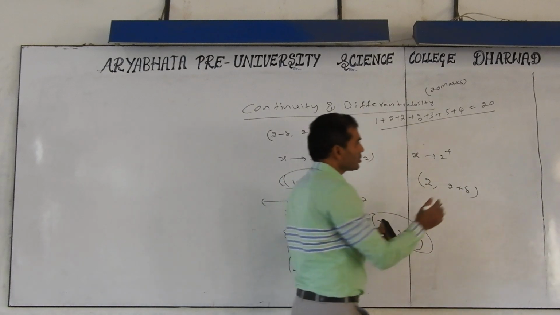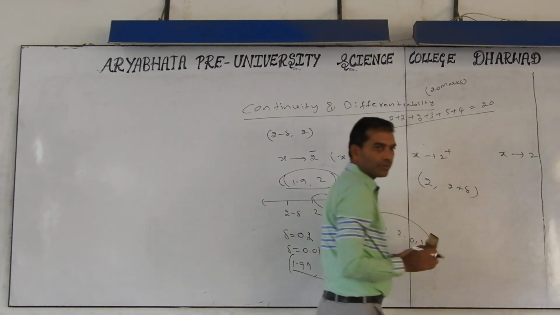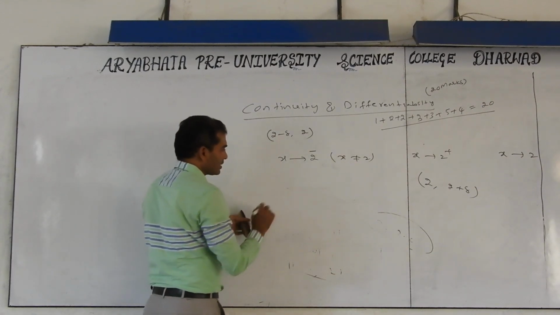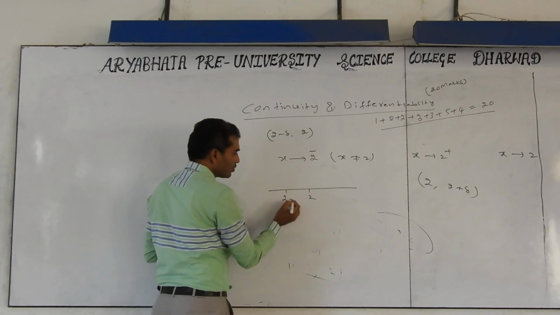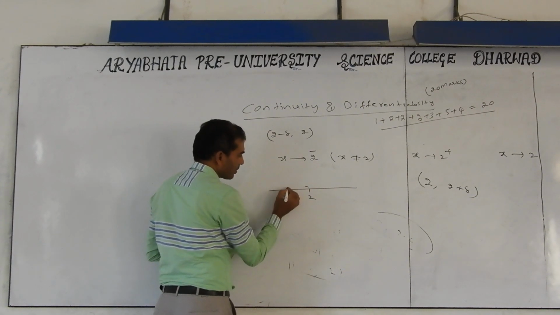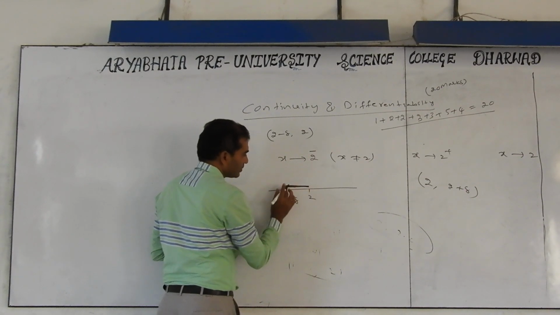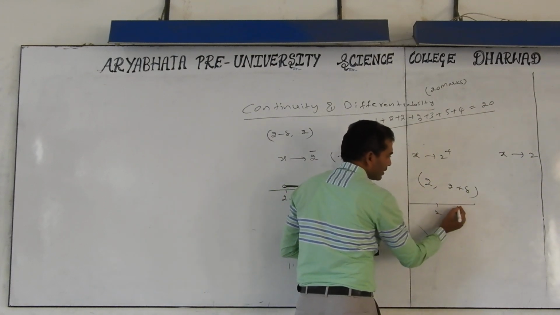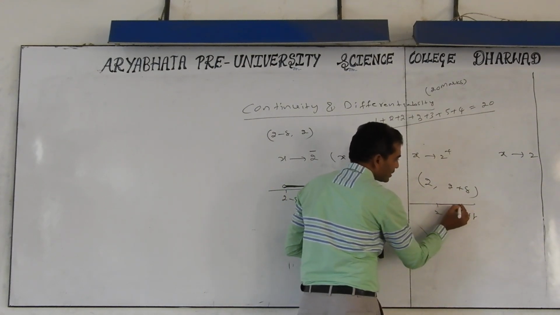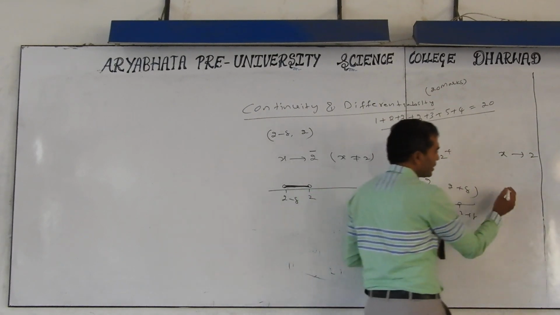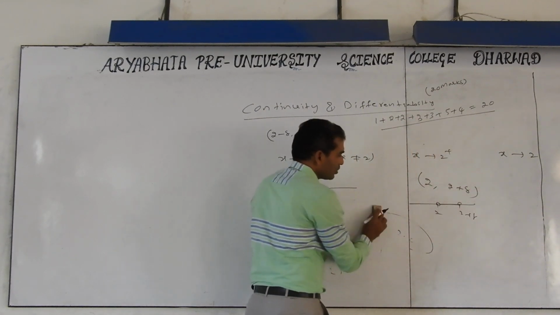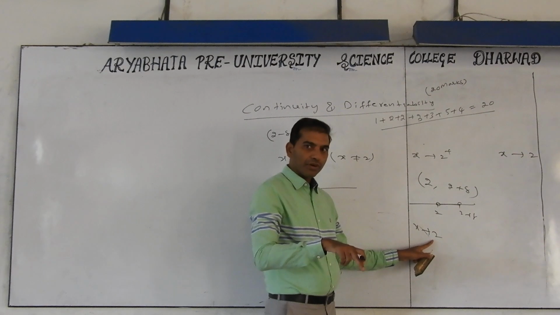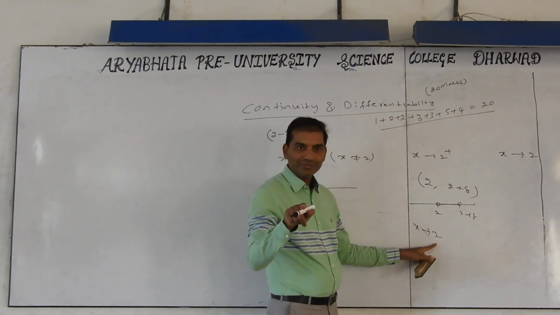Then what about x tends to 2? See, for x tends to 2 minus, let this be 2 and this 2 minus delta; this part is the left neighborhood of 2. Here is 2 and this is 2 plus delta, so this is the right neighborhood of 2. X tends to 2 means both are there, the left neighborhood and the right neighborhood, but not 2.